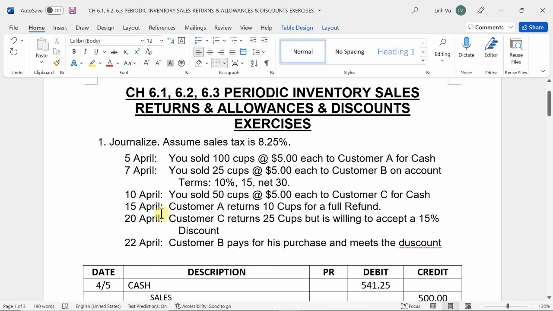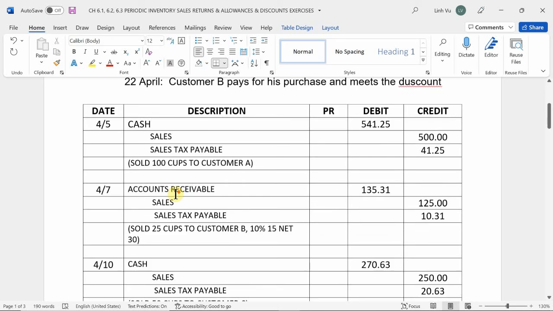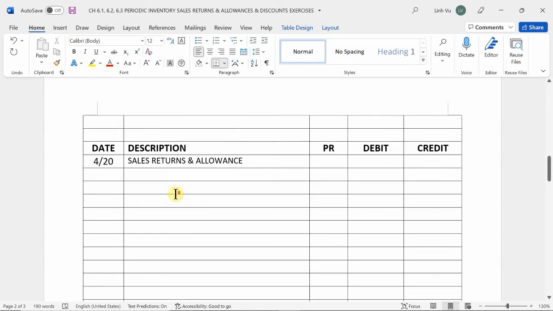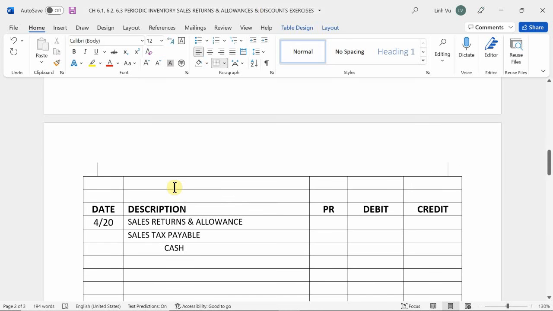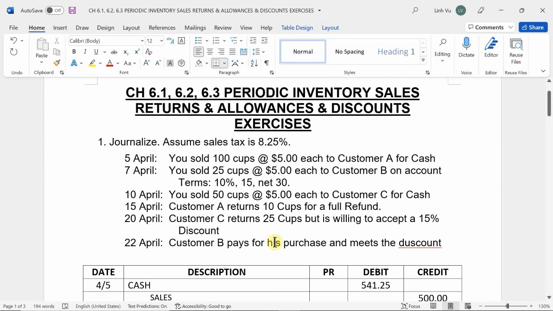So we will be refunding customer C with cash. What else do we need to also refund? We have to give him the portion of the money back for sales tax. Good. So if customer C is trying to get a refund on 25 mugs, but we only gave him 15% back, then how much is that?